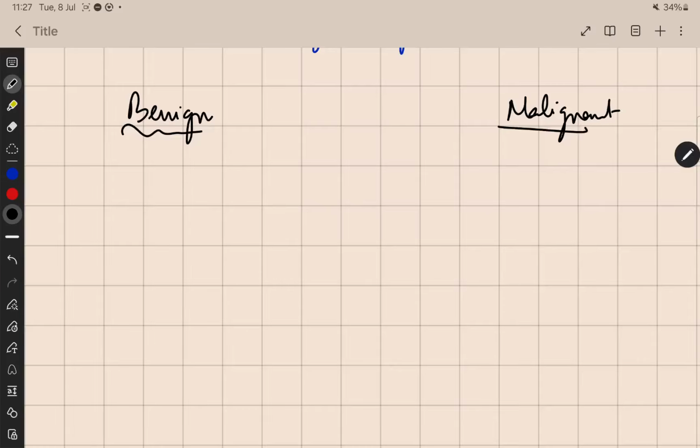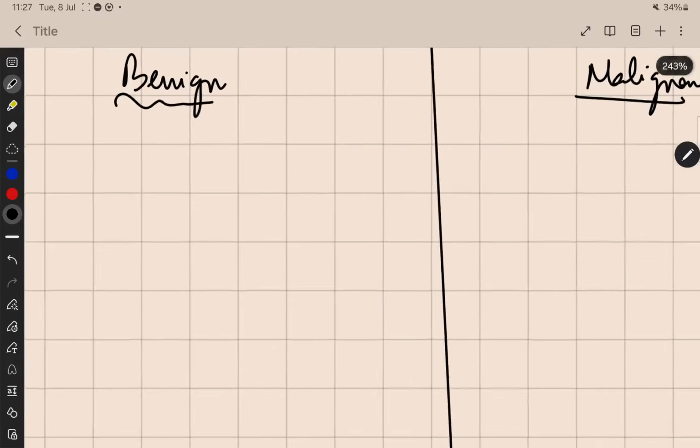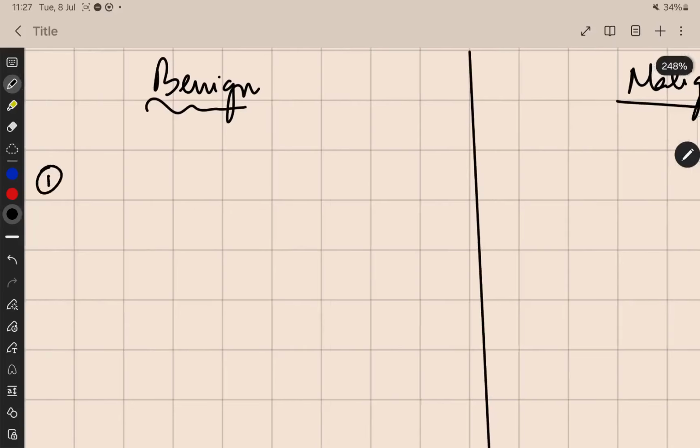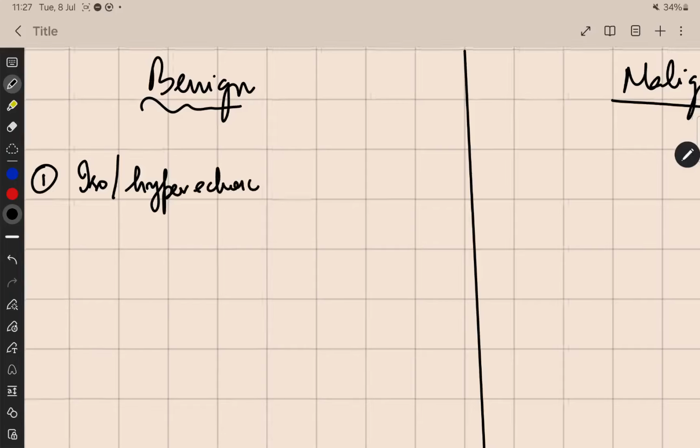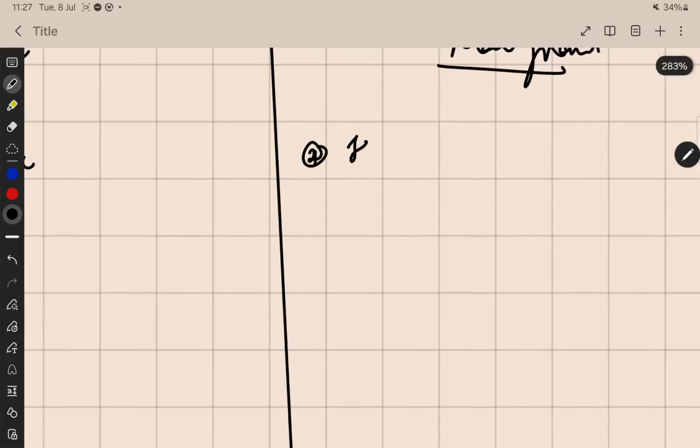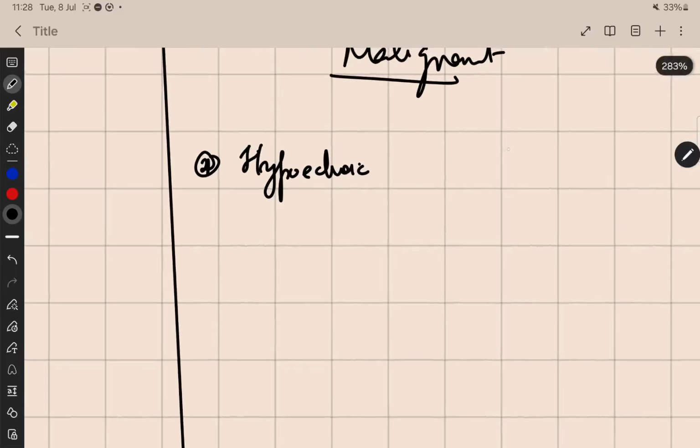So if we differentiate between these, in case of benign lesion, the nodule will be iso or hyperechoic, while in case of malignant it will be hypoechoic. Hypoechoic means the nodule will have lesser density than the surrounding. So suppose this is a nodule and this is a normal thyroid parenchyma. So the thyroid parenchyma will have more density.